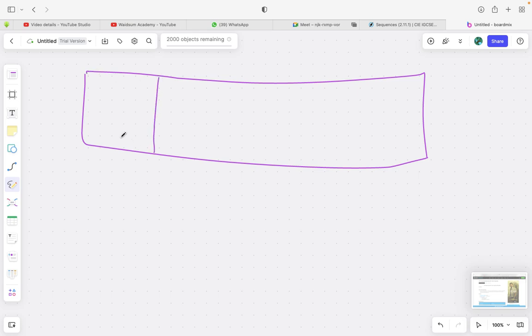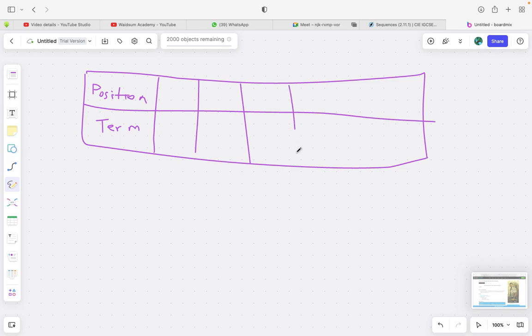Okay, so I can draw a table to show, let's say, here's my position, and here's my term. So I can write 1, 2, 3, 4, 5, for example.